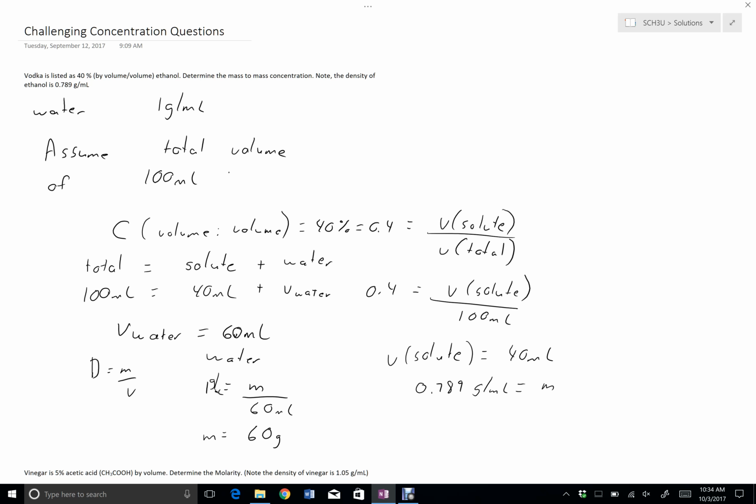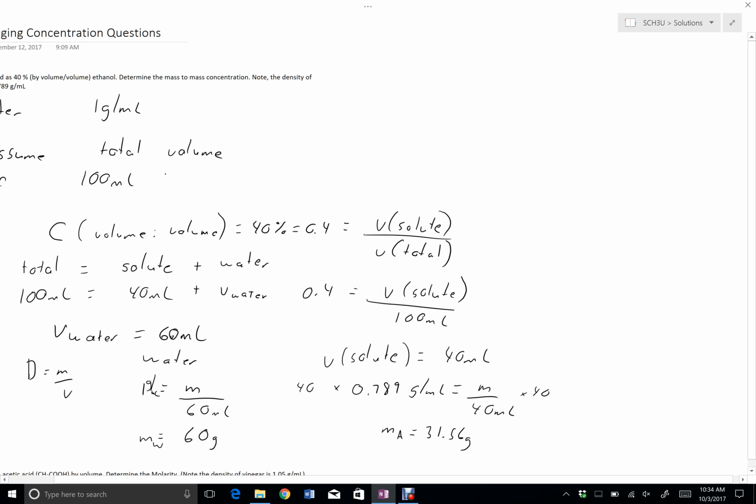I don't know my mass, but I have 40 milliliters. So I can multiply both sides by 40, and I get the mass of my alcohol. So that's the mass of my water. This will be the mass of my alcohol, which is 40 times 0.789, which is 31.56 grams.